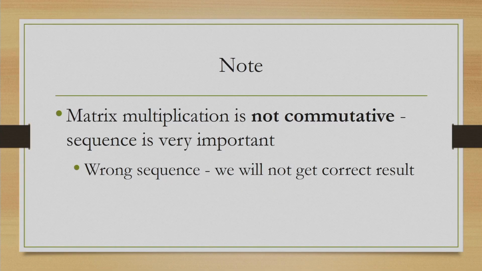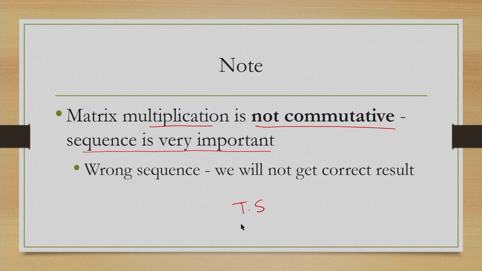We must remember here that matrix multiplication is not commutative. So, the formation of the sequence is very important. Earlier we did translation multiplied by scaling, following the right to left rule.